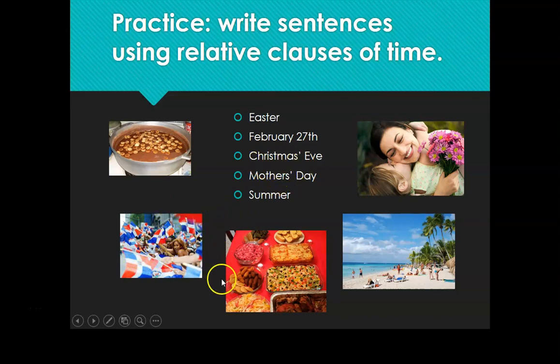Christmas Eve, we have a delicious dinner. Mother's Day, have a little boy hugging his mother. And then for summertime, we have the beach. Now, you can pause the video to try and write sentences using relative clauses of time.